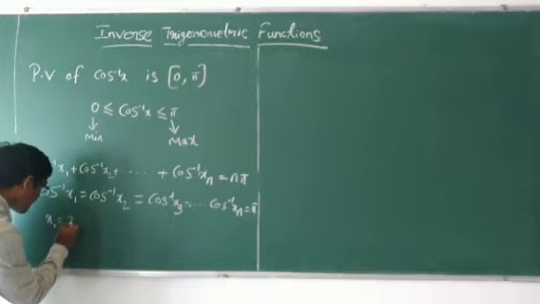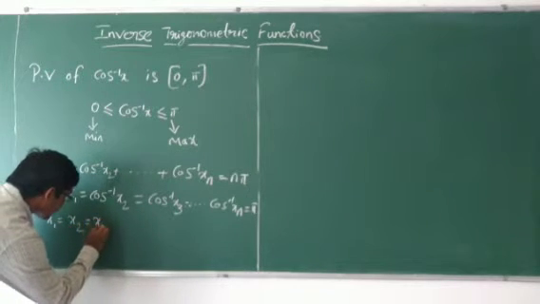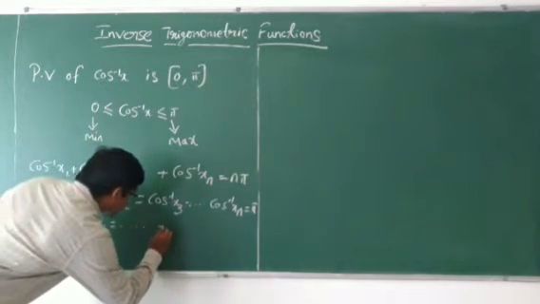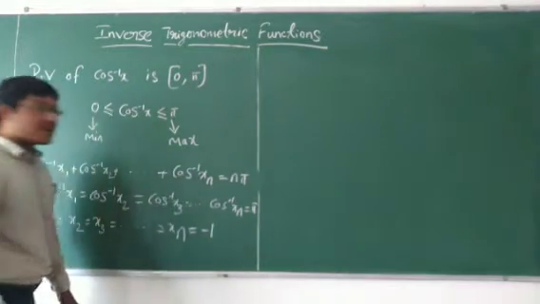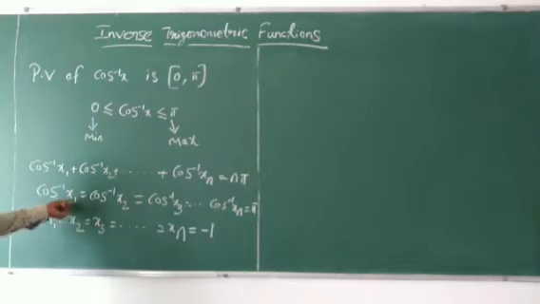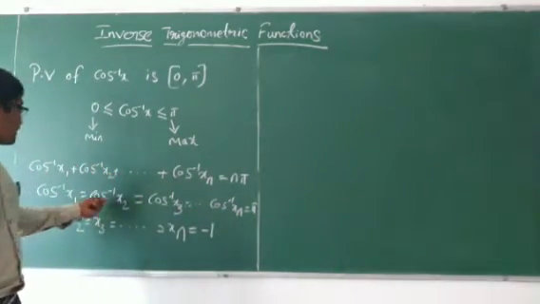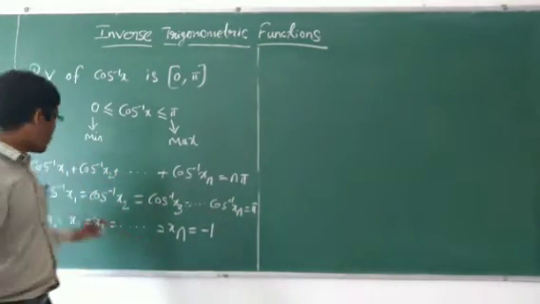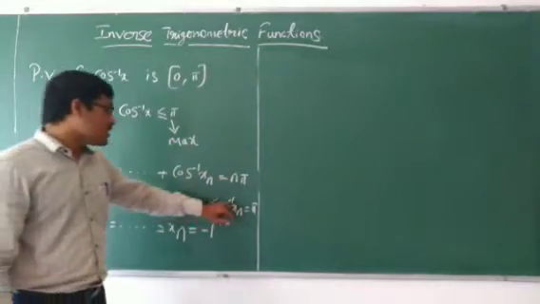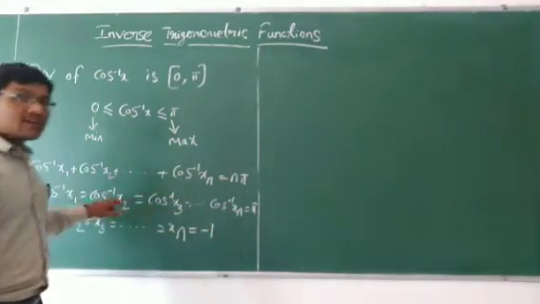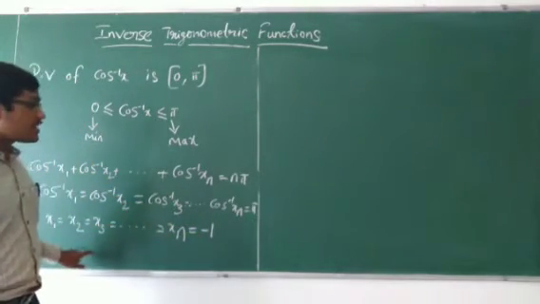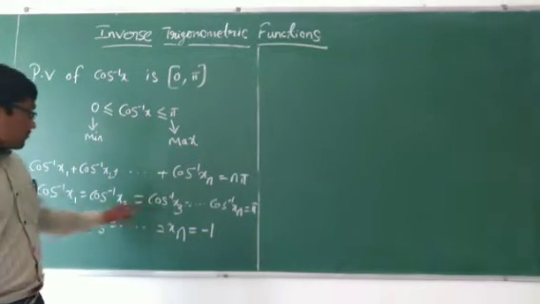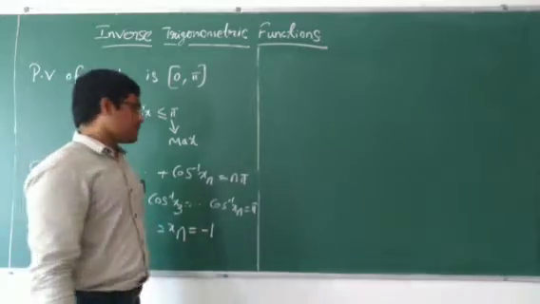When x1 is equal to x2 is equal to x3 is equal to xn is equal to minus 1. Cos inverse of minus 1 is pi. Cos inverse of minus 1 is pi. So x1, x2, x3 till xn, the values of all these must be equal to minus 1. Only then we get the value as pi.